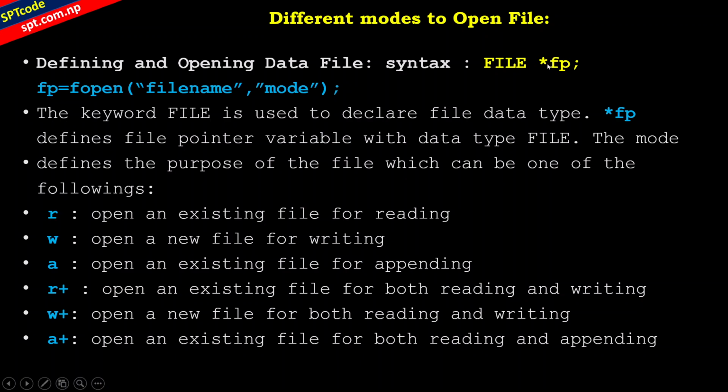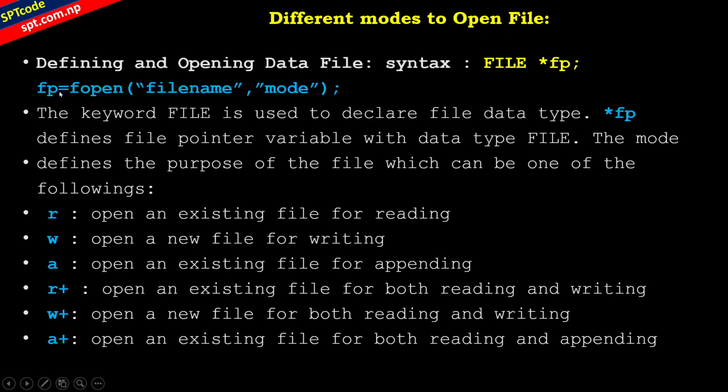Here I have given fp, but in place of fp you can give any file pointer name. Remember that it's a kind of identifier, so you have to follow the identifier rules: it must start with either an underscore or an alphabet letter. But you have to use FILE in capital letters to declare a file pointer.